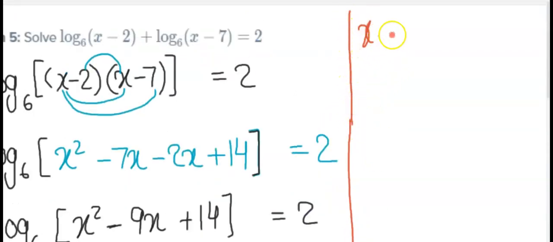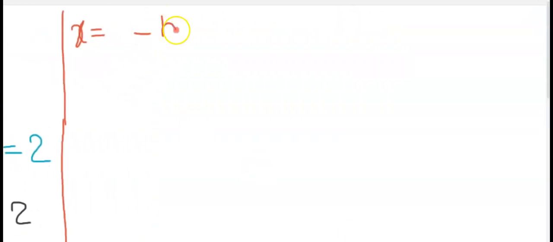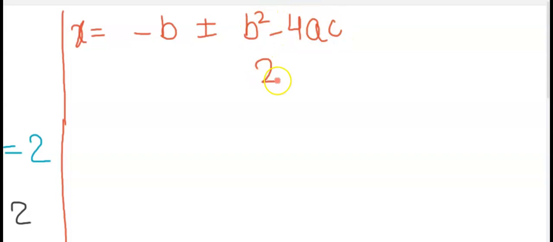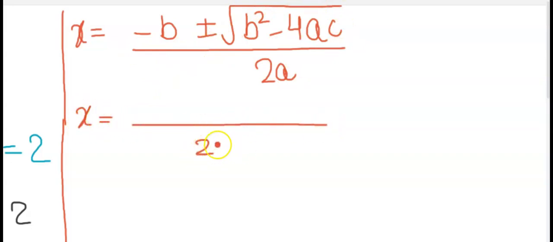The quadratic formula is x equals minus b plus minus, put the values. So a was 1, b was -9. So minus minus 9. That minus is of the formula. This minus is the value of the b.